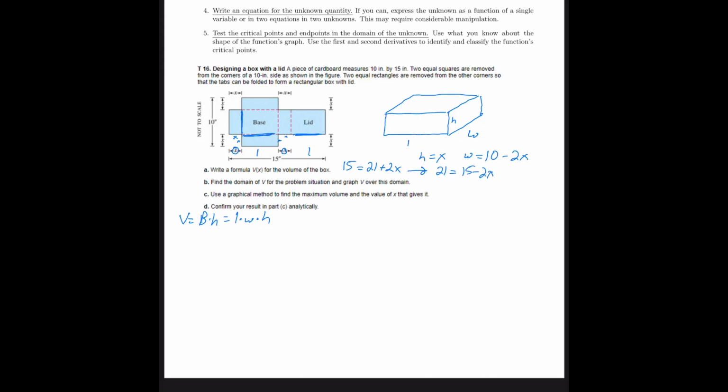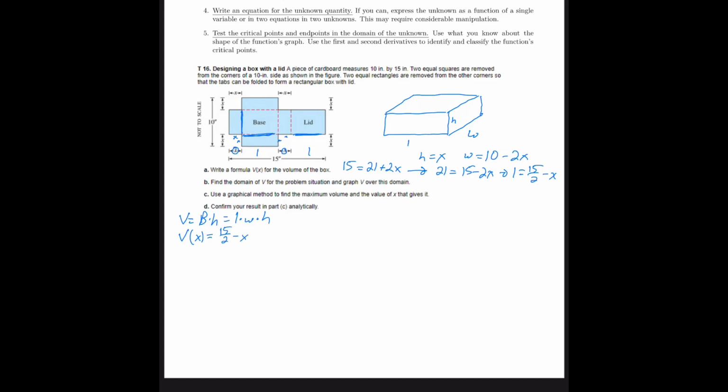So that would be 2L plus 2x. And now we can solve that piece for L. So, subtract 2x from both sides, so 2L equals 15 minus 2x, and then divide by 2. So L equals 15 over 2 minus x.